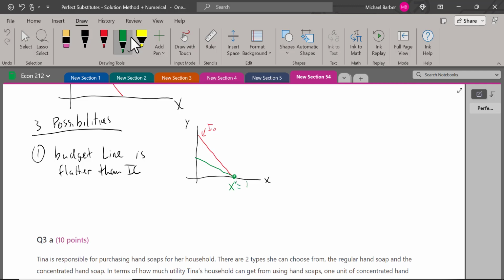So X star is going to be spending our whole budget on good X, and Y star is going to be equal to 0. So if the budget line is flatter than the indifference curve, we buy only good 1, but good X here. So X star is going to be M over P1, or Px, I guess. And Y star is going to be equal to 0.